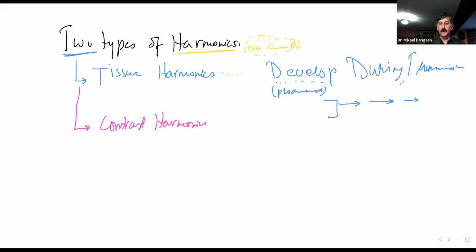It's during that phase of the journey of the sound wave that the type of harmonics that will develop is what we call tissue harmonics.